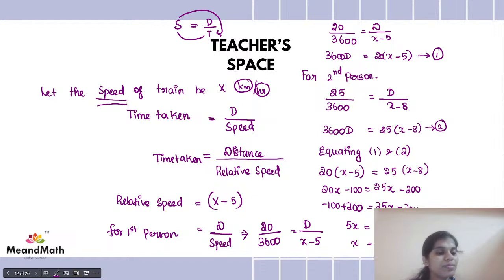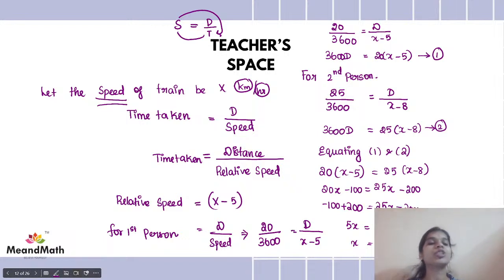Is it clear? Any doubt so far? To find the speed of the train, first we took the time taken, that is distance by speed. But here we are not talking about only the speed, it is the relative speed, because they are both moving in the same direction.